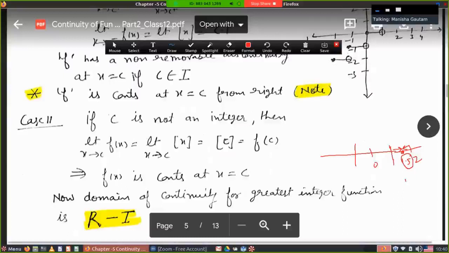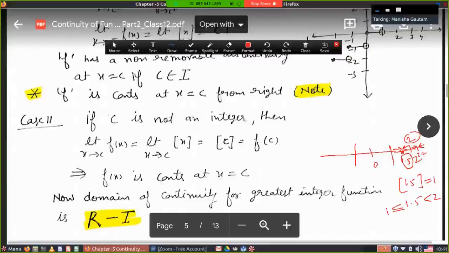The greatest integer of 1.5 lies at greater than or equal to 1 and less than 2, so it is always equal to 1. Suppose it is 2.2: tending towards 2.2 from left and from right, we always get the value 2. So the left and right limits are the same, and the value at that point is also the same. The function is continuous.